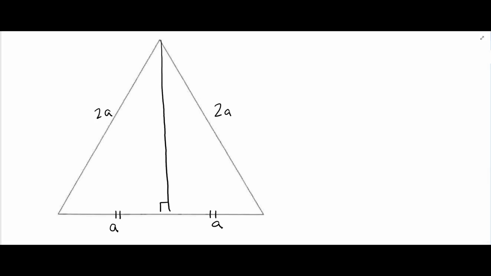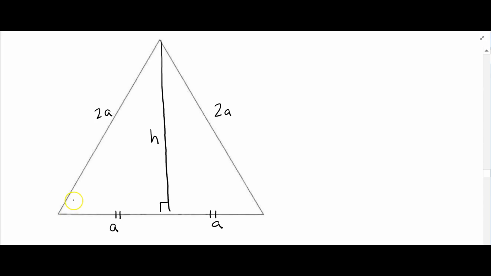So what we want to try and do here is find the height of each of these right triangles that make up the large equilateral triangle. Before we do that, what I want you to notice here is that this is the short leg of our triangle.